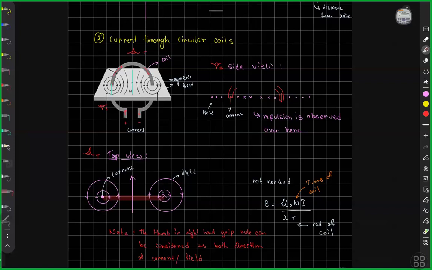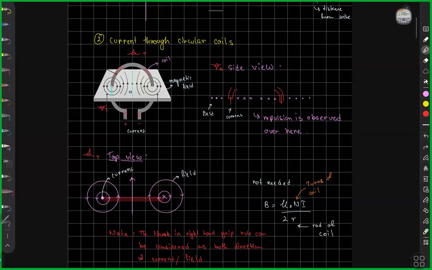For the cross, current into the page, I have clockwise direction of field lines. This is clockwise. Good. I can also see it from the side. From the side, as you can see, this is the arc, this is the arc.